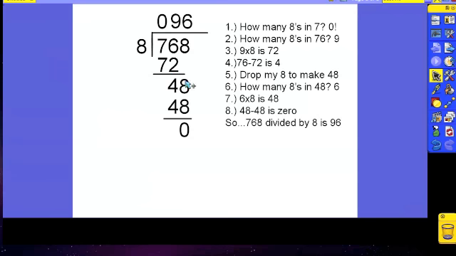Drop my 8 to make 48. How many 8s are in 48? 6. 6 times 8 is 48. My remainder is 0. So, 768 divided by 8 is 96.